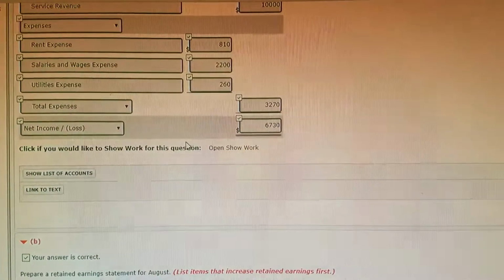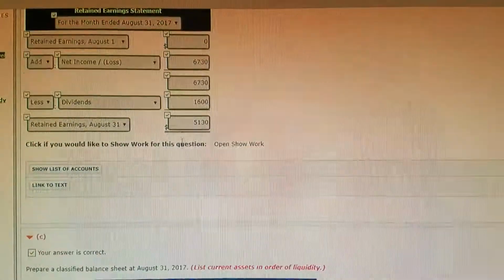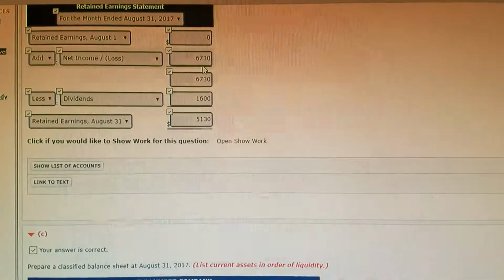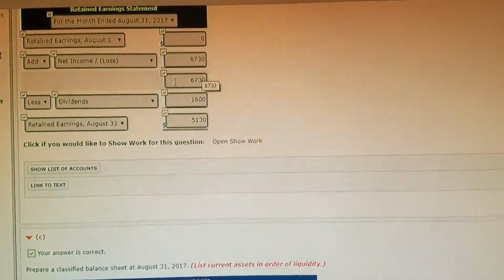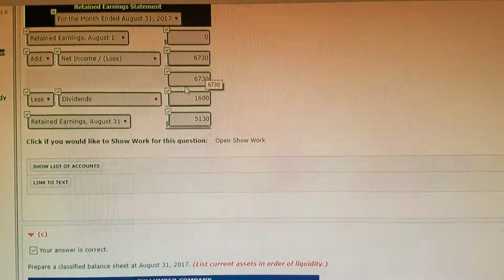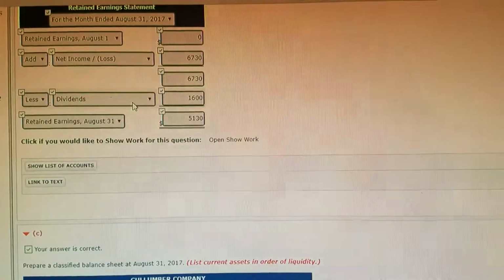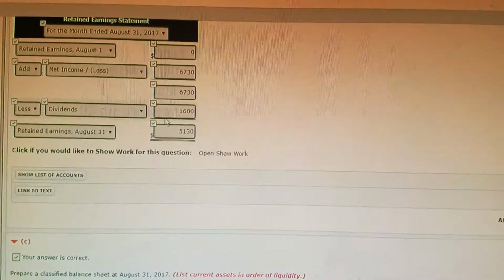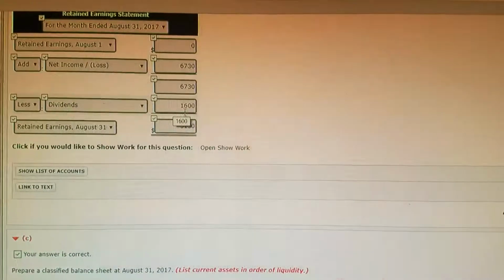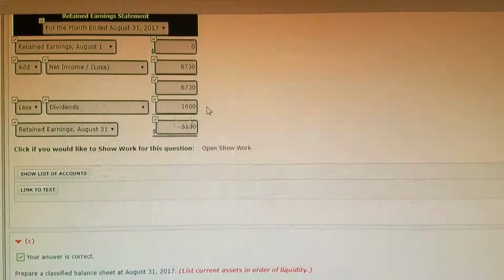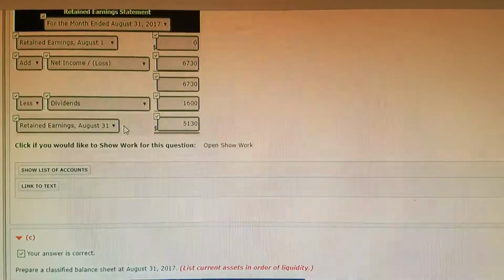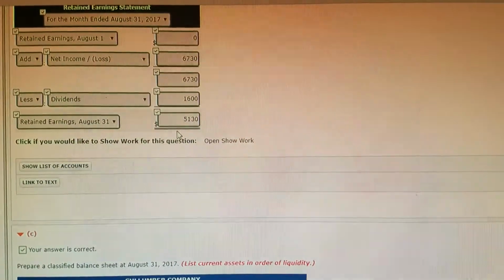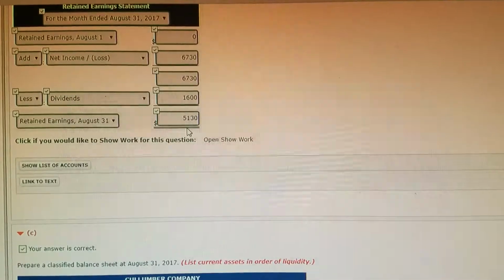We know that it's 6,730, and it becomes our new balance. From this balance, we subtract dividends paid to stockholders, which is $1,600, and our new balance for retained earnings at the end of August is $5,130.